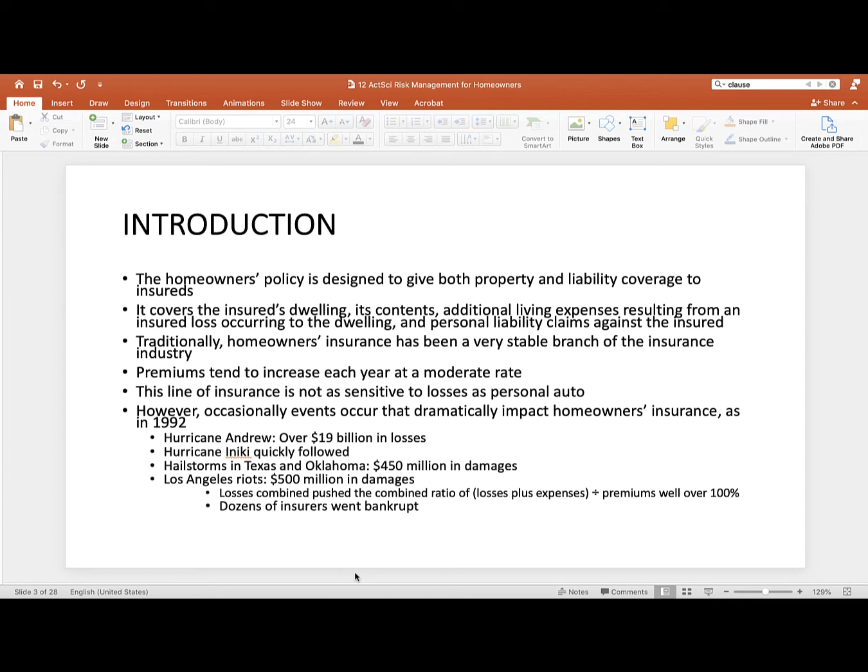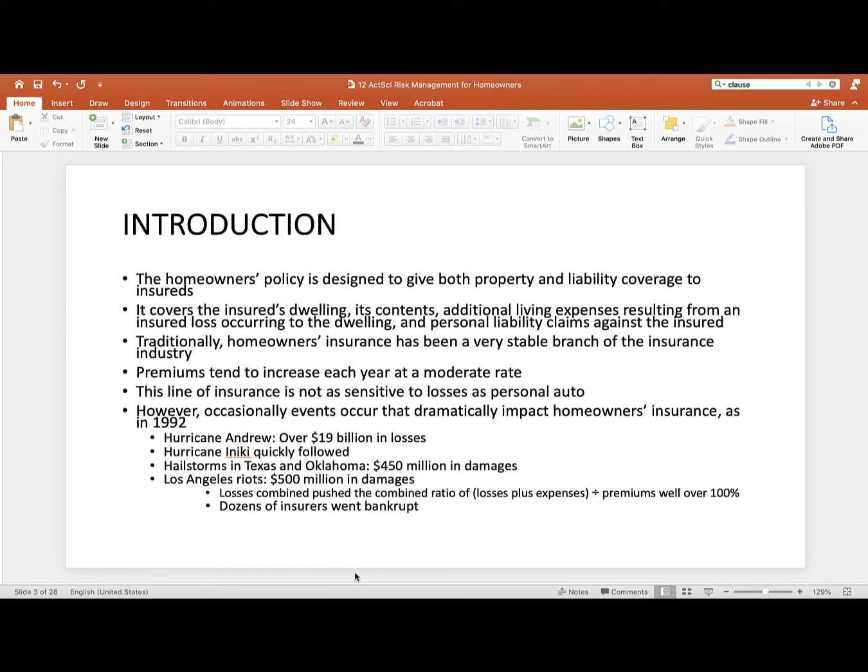Sometimes, occasionally, an event occurs, even with homeowners insurance, that dramatically impacts this type of insurance. The biggest of these events in the US have mostly been hurricanes, and the costliest insured catastrophe in US history so far, and in fact in world history, was Hurricane Katrina in 2005, which caused about $52 billion in insured property losses.